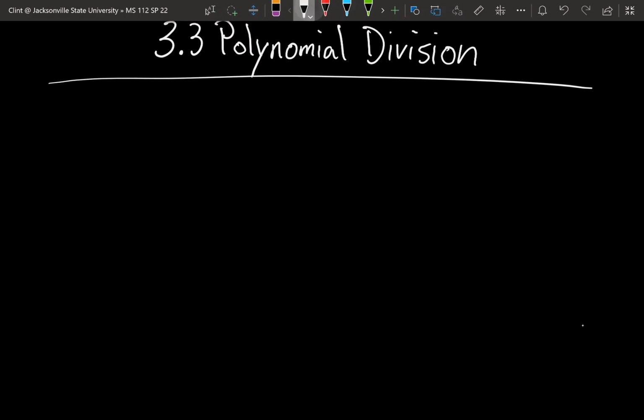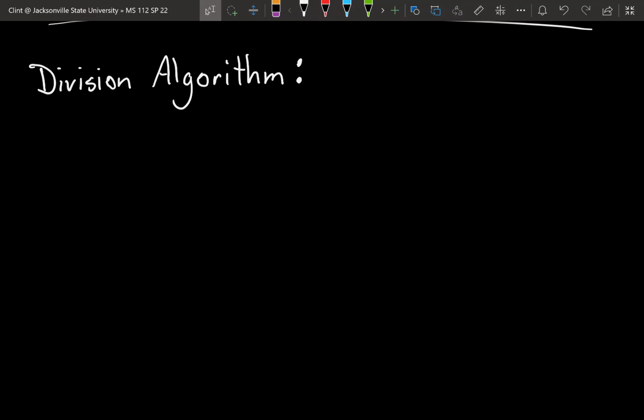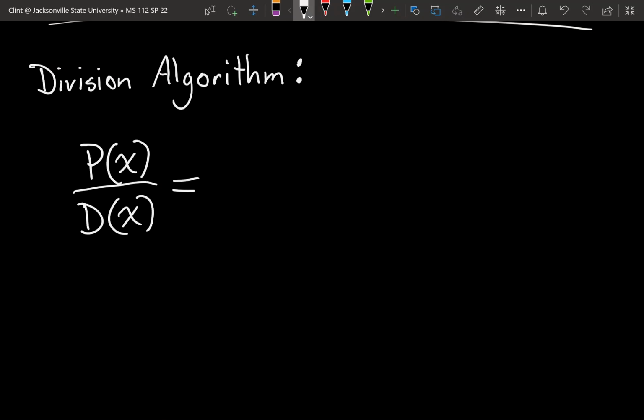So there's this thing called the division algorithm. The division algorithm says if we take a polynomial, p of x, and divide it by another polynomial, we're going to call d of x, we're going to end up with something that looks like this.